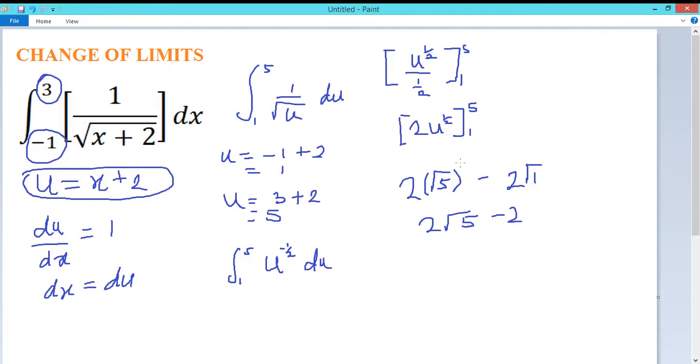We substitute them into our integration: the substitution of the upper limit minus the substitution of the lower limit. But this time, by the substitution method, we are integrating with respect to u. So we need to find the value of u given those limits. That is all.